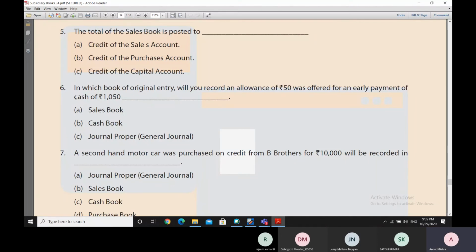It is a matter of cash. So obviously this will be entered in the cash book. It's not required to be entered either in the journal or in the sales book, because an allowance is being made of 50 rupees with an early payment of cash.